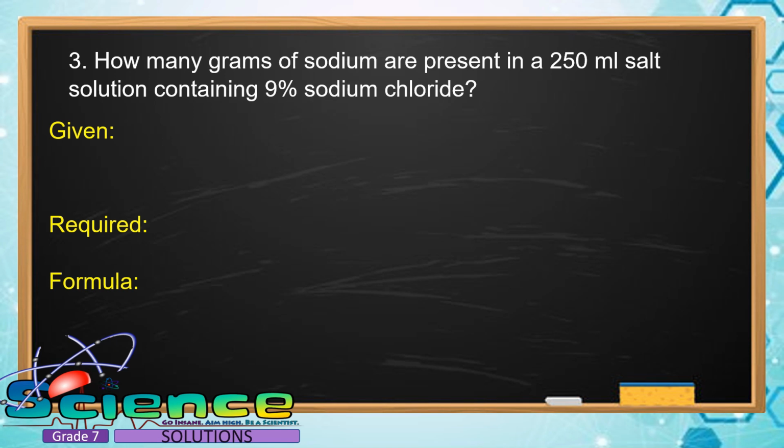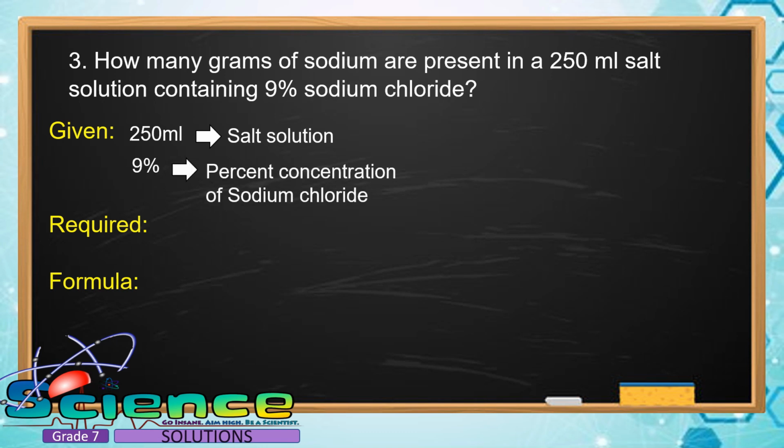The given in this problem are 250 ml salt solution or the mass of the solution, and we have 9% concentration of sodium chloride. What is being asked is the mass of solute.